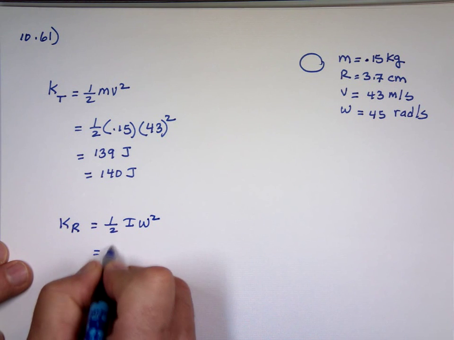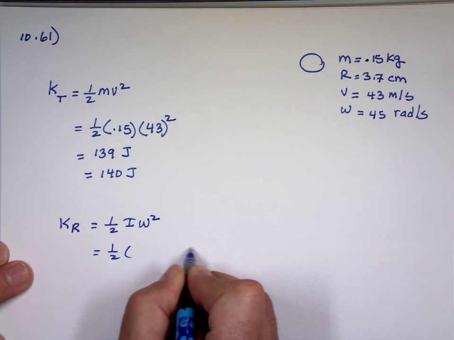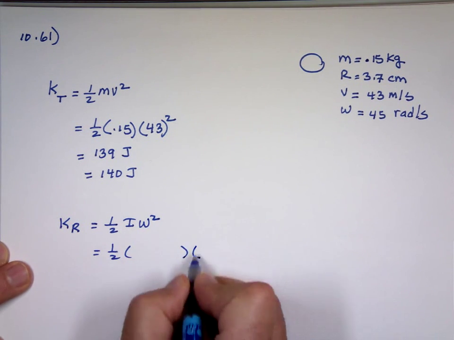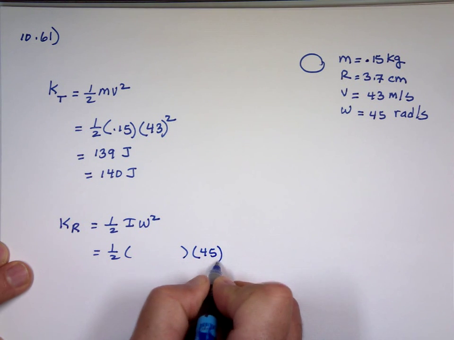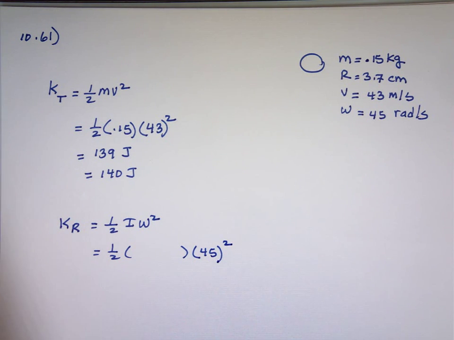It's 1/2 I W squared. Let me leave I for now for a second. We know what W is, 45 squared. We need to find what I is. Let me go back to the problem and read it slowly here. It says, assume the ball is what? Uniform solid sphere.